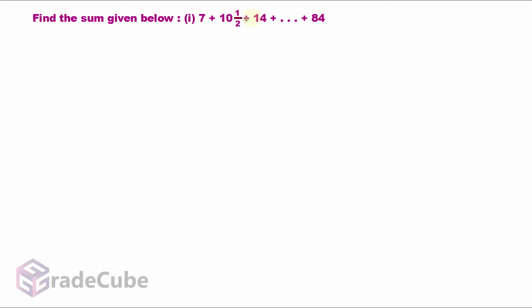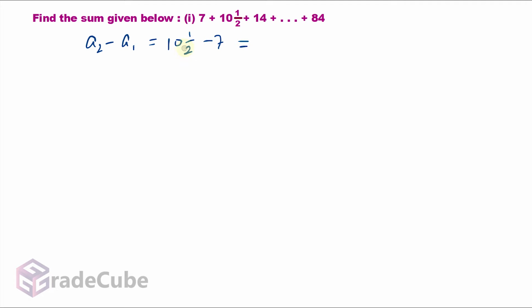To solve this sum, we will have to check whether this is an AP or not because we are not told that this is an AP. So let's calculate A2 minus A1, which is 10 1 upon 2 minus 7.